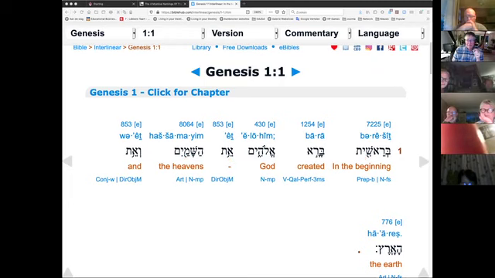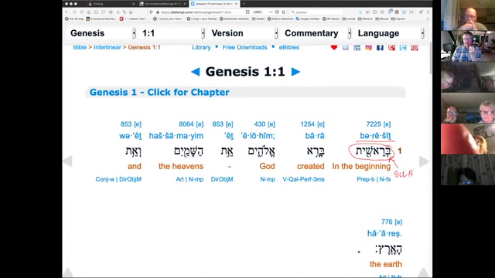So we have the word Bereshit, and this is a transliteration of this word. Bereshit. The E sound is in your mouth, and you can see this because of this Sheva. This very short E sound.